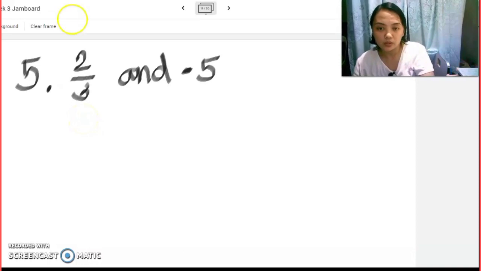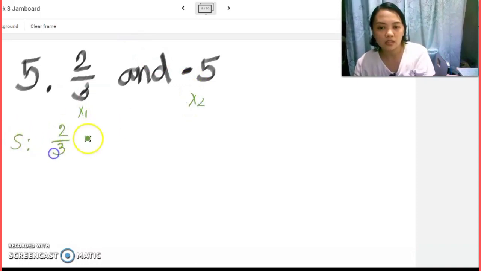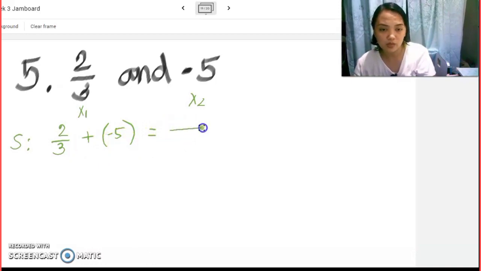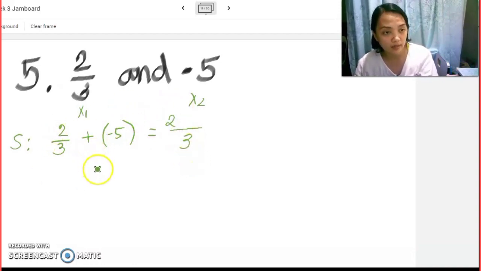Again, 2/3 is our x sub 1 and negative 5 is our x sub 2. To get the sum, we have 2/3 plus negative 5. To get the LCD, the denominator of negative 5 is 1, right? So the LCD is 3. 3 divided by 3 is 1, times 2 is 2. Next, 3 divided by 1 is 3, times negative 5, we have negative 15.